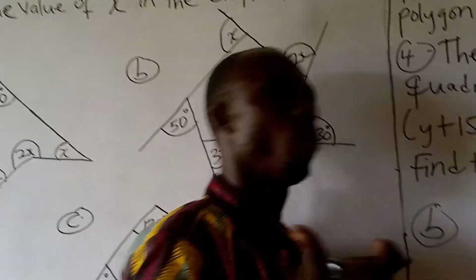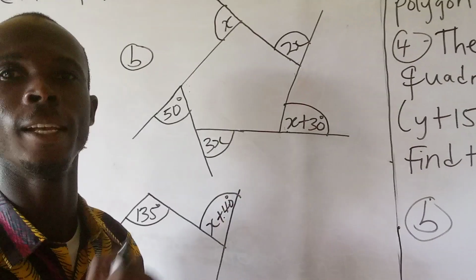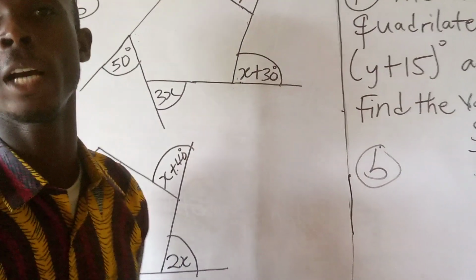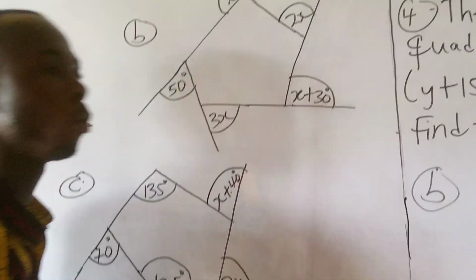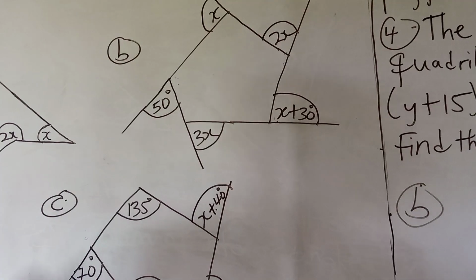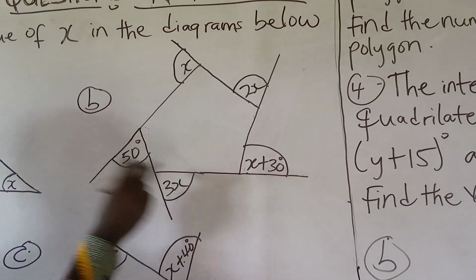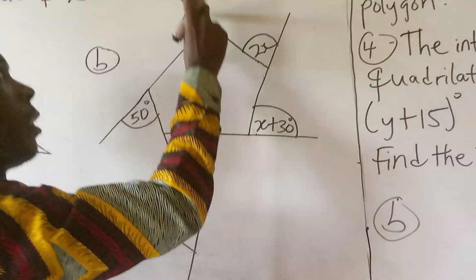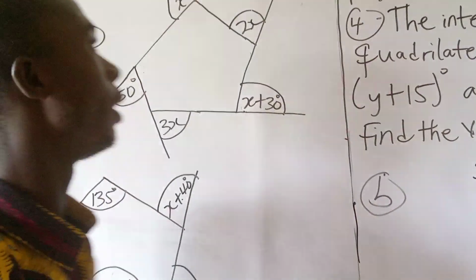And when I was introducing polygons, I said always the sum of exterior angle of any polygon, either it be icosagon, hexagon, heptagon, pentagon, is equal to 360 degrees. So you now sum this up and equate it to 360 degrees because it is an exterior angle outside a plane figure.